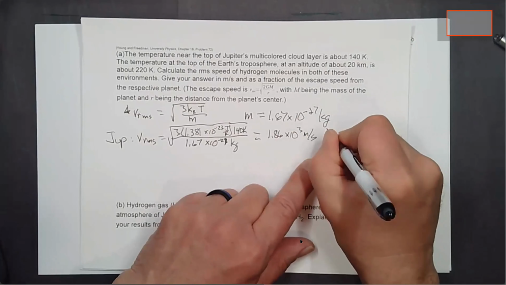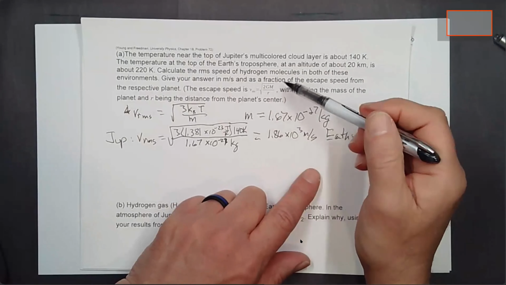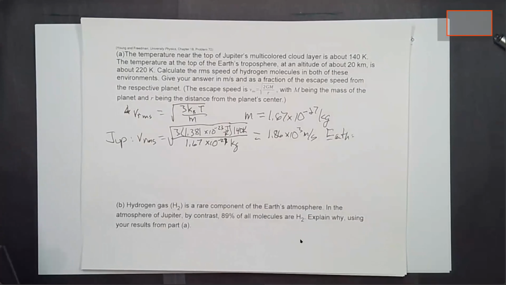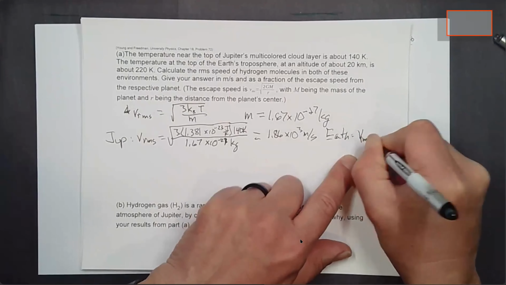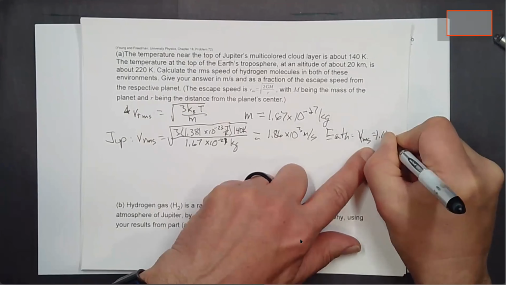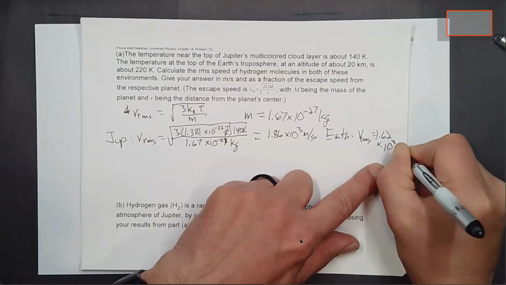On Earth, at the top of the troposphere, all I have to do is change that 140 into 220. And it's not going to be a whole lot different. It's 1.62 times 10 to the third meters per second.